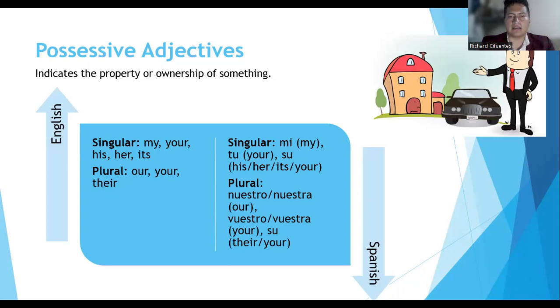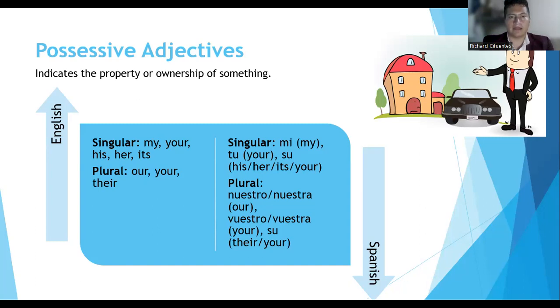The only thing I can underline is the use of her and his, because in Spanish we don't use a different word to express gender. For example, sus is equal for a girl and for a man. In English we have to use his for a man and her for a woman.